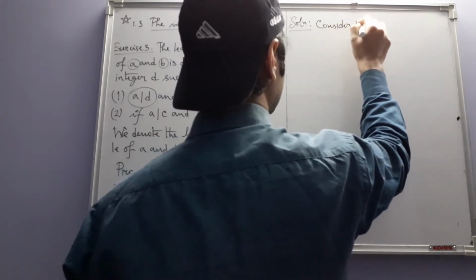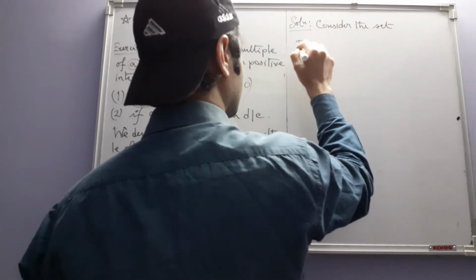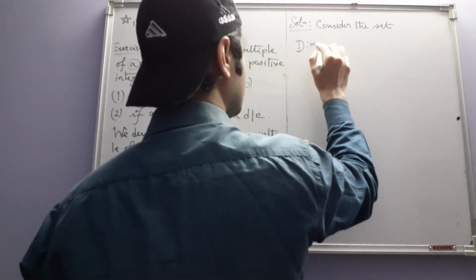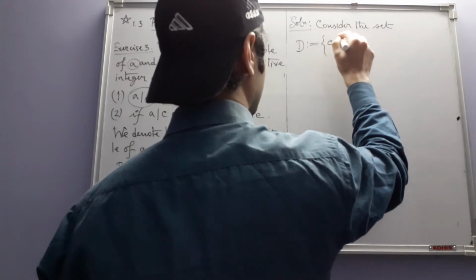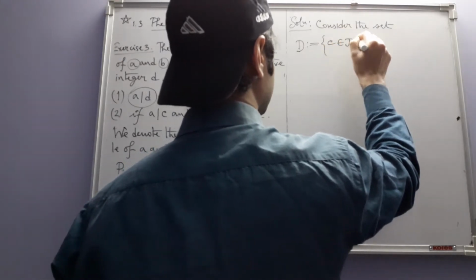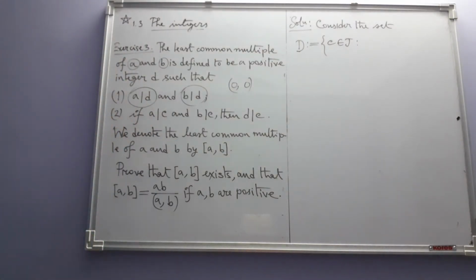Consider the set D equal to the set of all integers. Okay, by J, Herstein means the set of all integers.